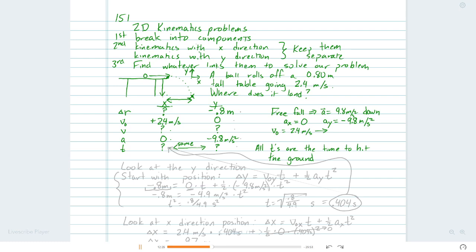But if I look at my y data, I have only 2 question marks there. That means I could solve for both those question marks. That means I need to start with the y direction. So I'm going to look at the y direction. Now I notice that I know about the position, and so I'm going to start with my position equation.